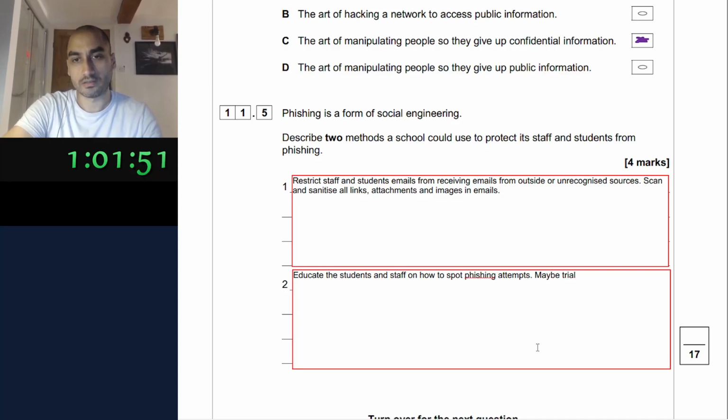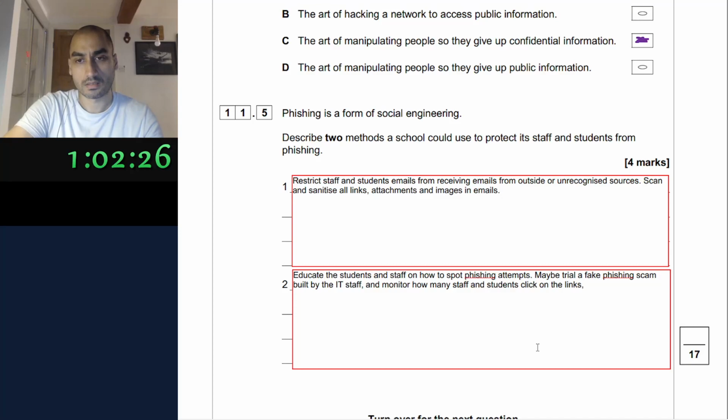Maybe trial, I mean, my university used to do this. Maybe trial a fake phishing scam built by the IT staff and monitor how many staff and students click on the links.